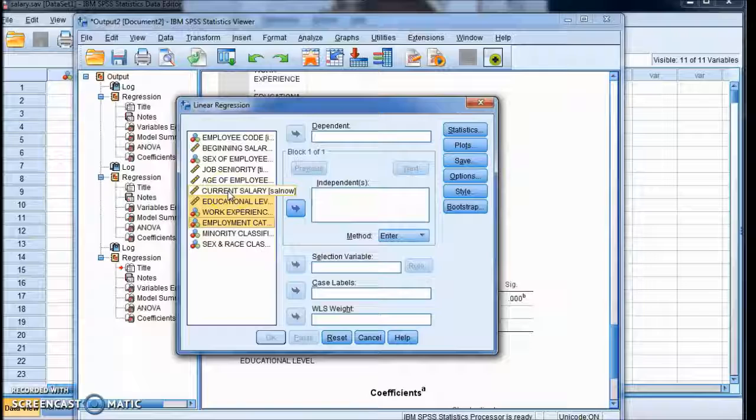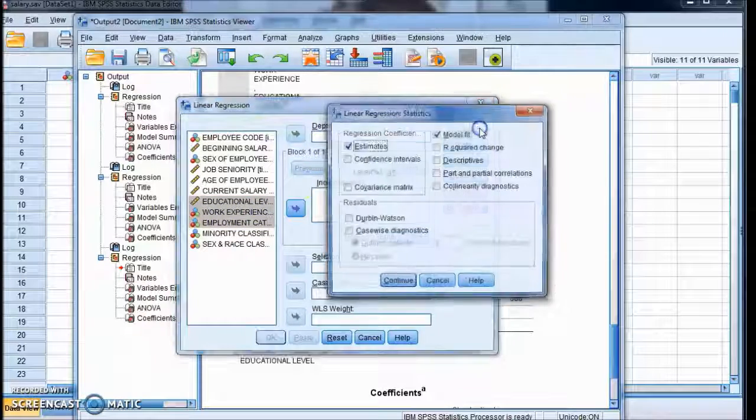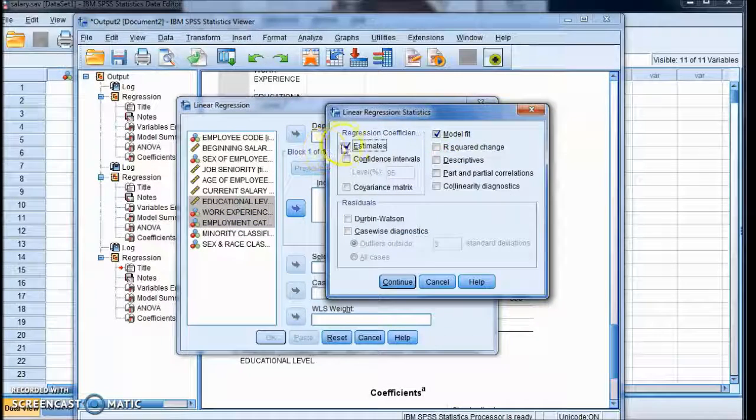For instance, it could be you're trying to explain job seniority or trying to explain current salary. In this case, we tried to explain beginning salary. Then you put into the independent box all the variables that you think are having an impact on the dependent variable. Make sure that you choose model fit and estimates.